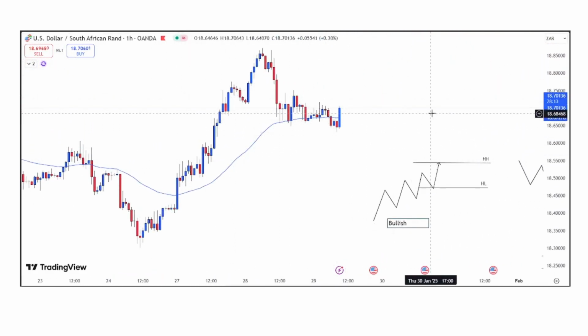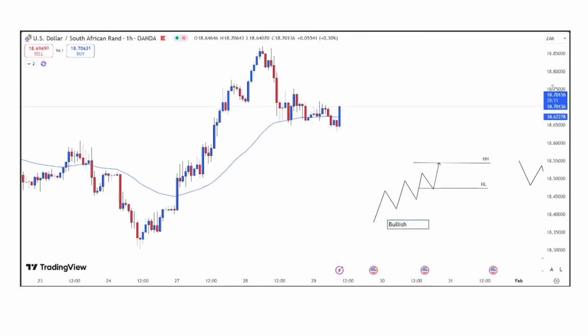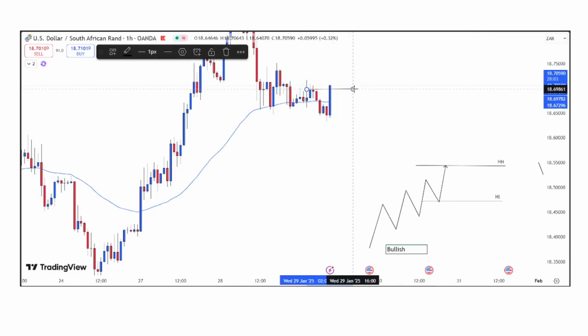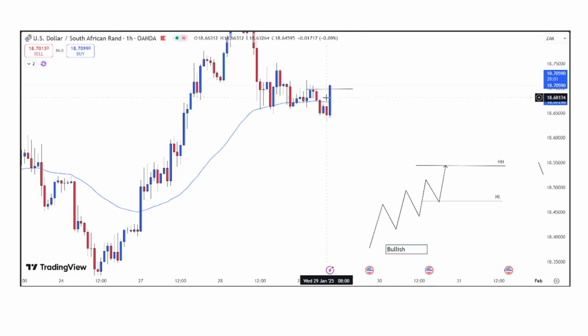So a really good example, obviously this is a live chart, but if we have a look over here, price is currently, if we do close like this, price is currently closing above it, which means that this is now creating a higher high, and we'll probably see another candle pull back to create that higher low.